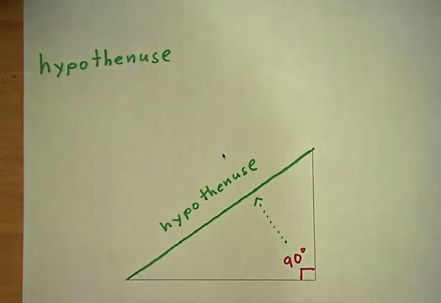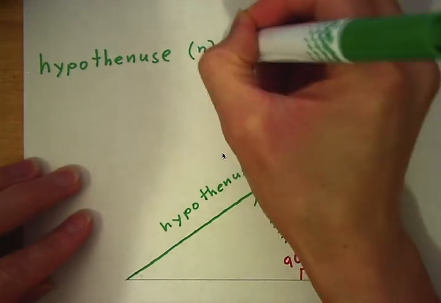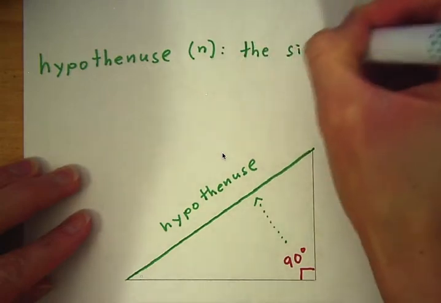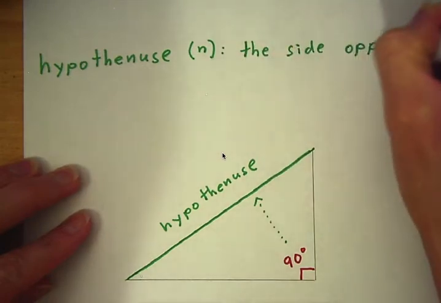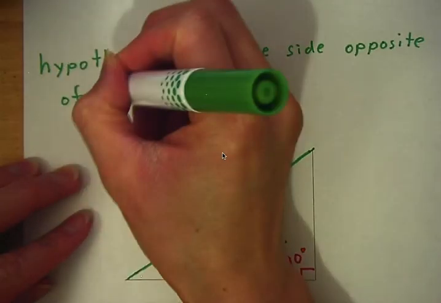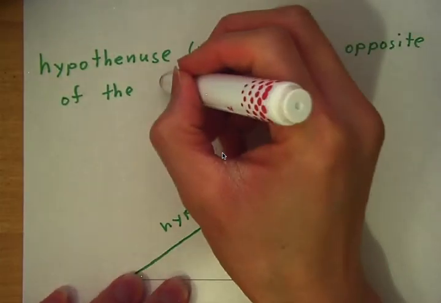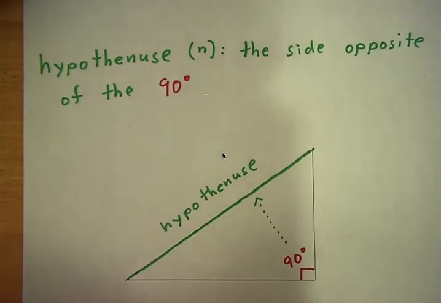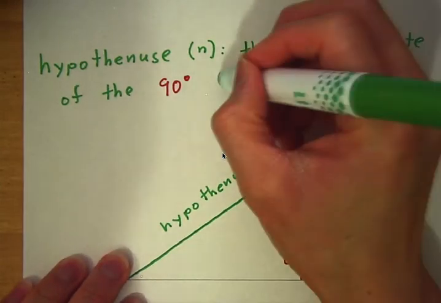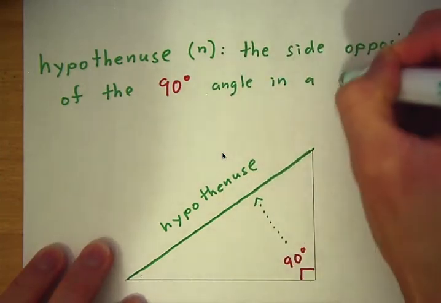So hypotenuse is a noun. It is the side opposite of the 90-degree angle in a right triangle.